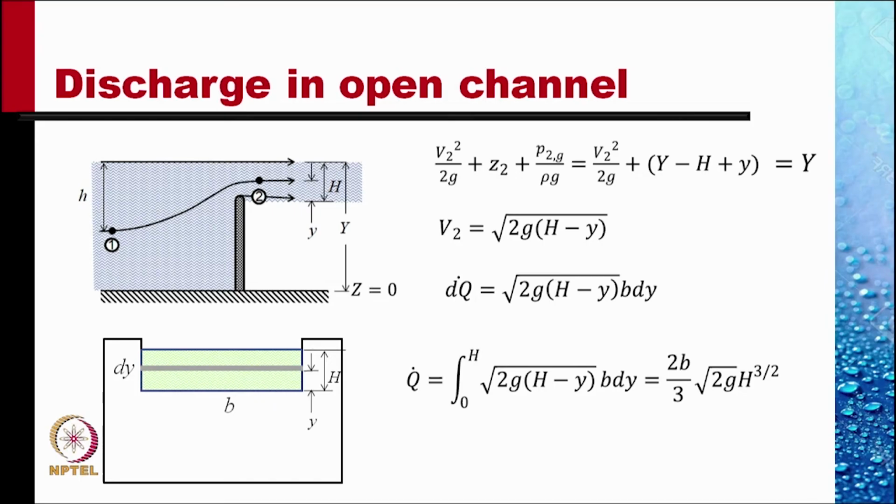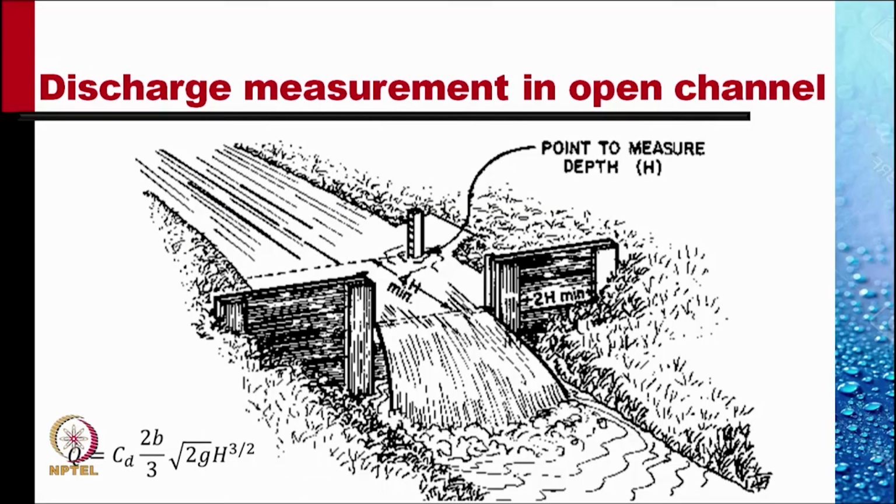So if I know b, and if I can measure the value of capital H, the height up to which the liquid flows above the crest of this obstruction, we can find out the flow rate. This is a method used in the actual field measurement of the flow through channels.